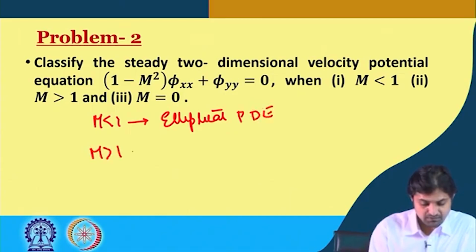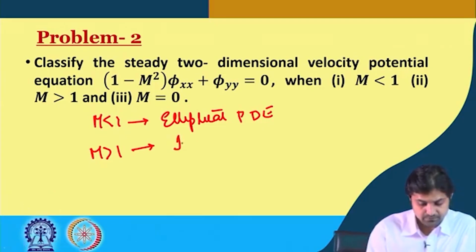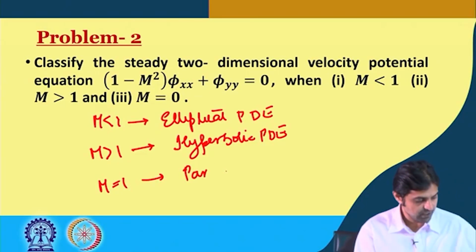M greater than 1, it was hyperbolic. And for m equal to 1, it was parabolic PDE.